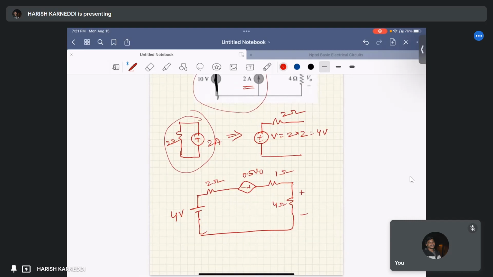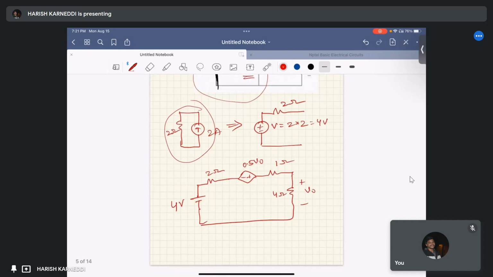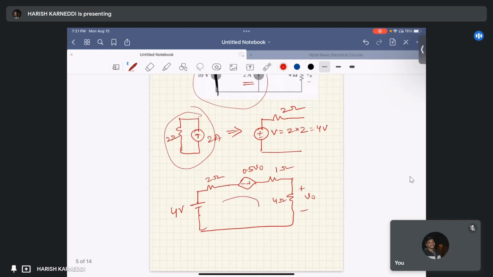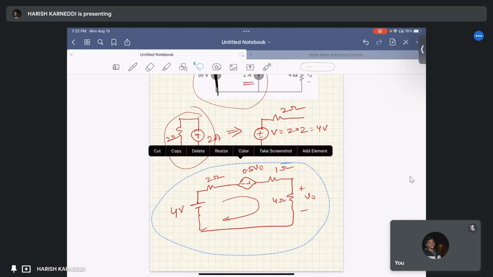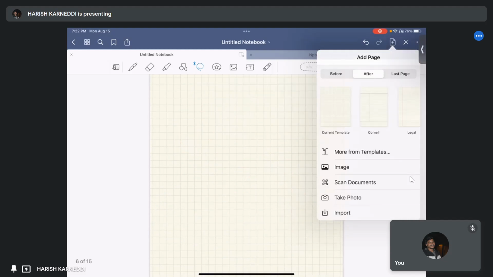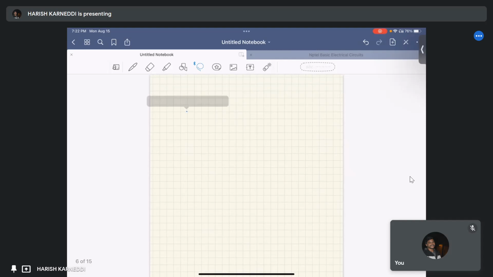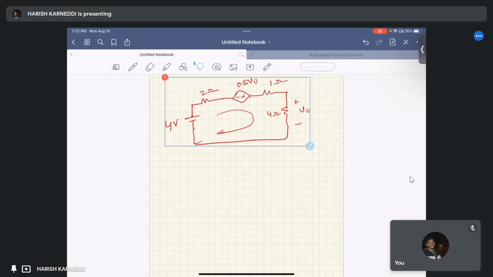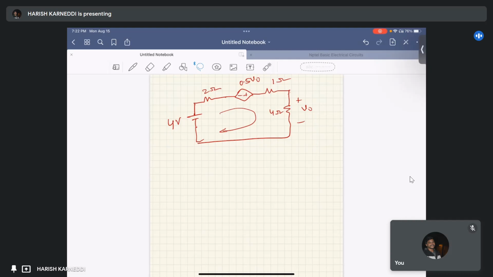This is V naught. Again, we have to apply KCL in this particular loop, considering this current as I naught.